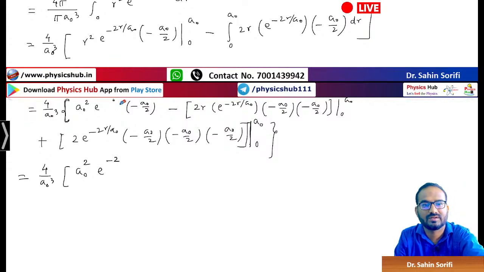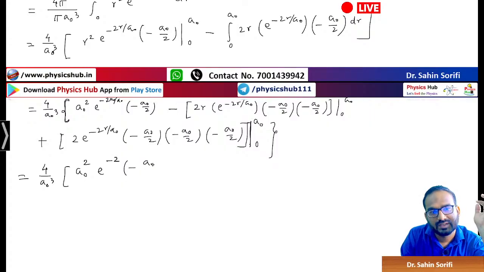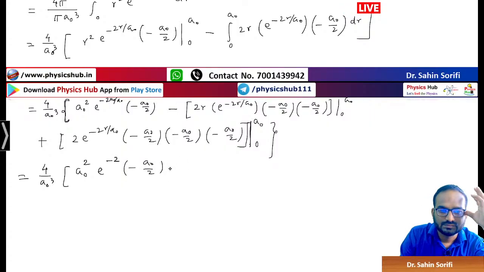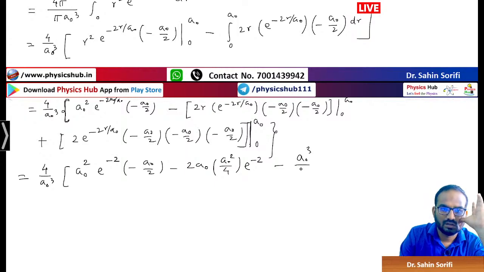We have to put the value of r now, minus 2 a naught by a naught. So e to the power minus 2, minus a naught by 2, minus, if you put the values, 2 a naught square by 4, e to the power minus 2 a naught by a naught, so that is minus 2, minus a naught cube by 8, and this 2, so 4, it is minus 2 again.